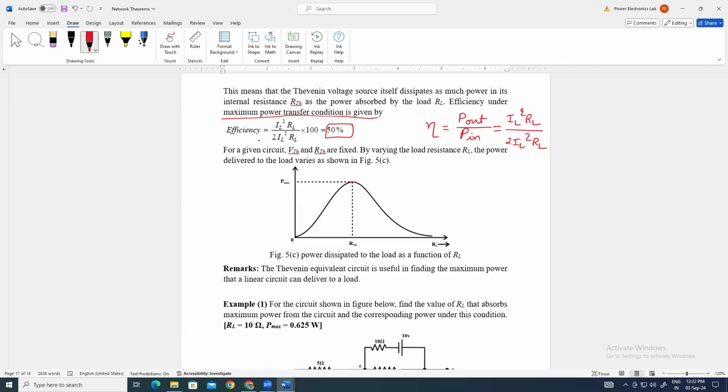And what is the maximum point? You will reach maximum power when RL is equal to RTH. So at the RL value where RL matches RTH, you are getting maximum power here. So this is the graph between power and load resistor.